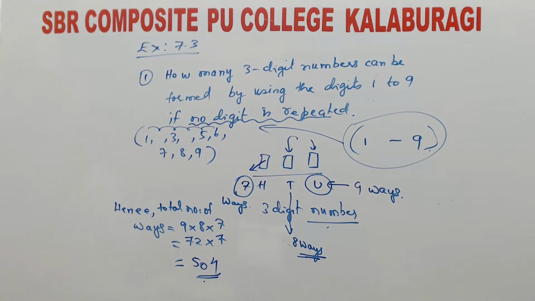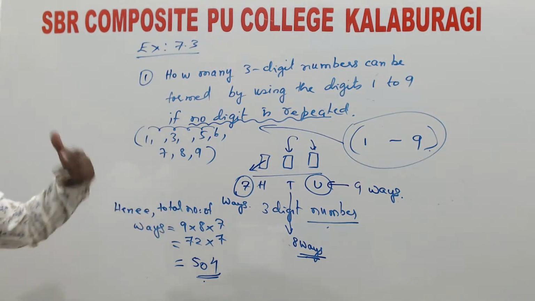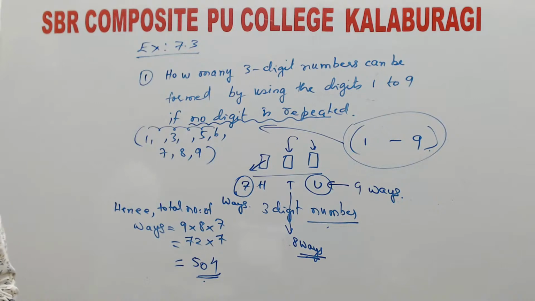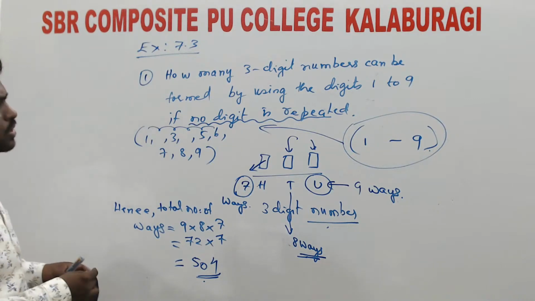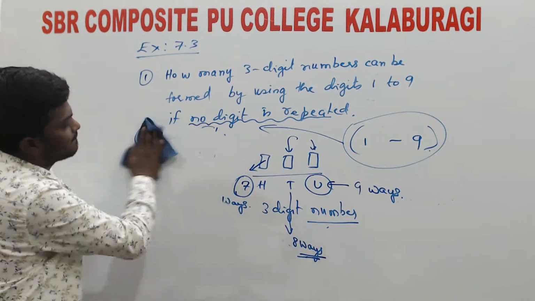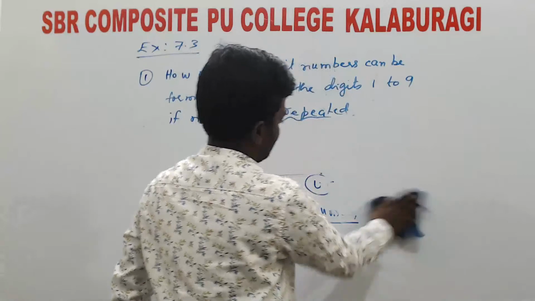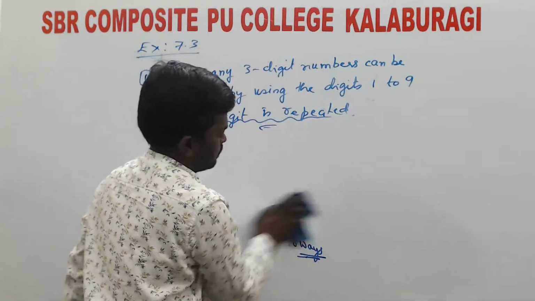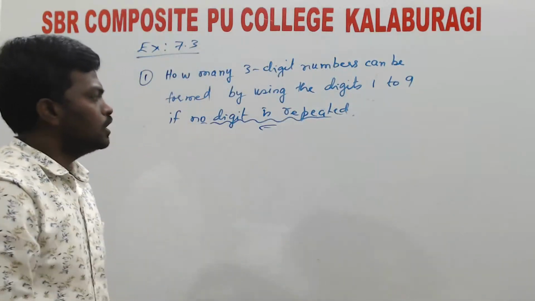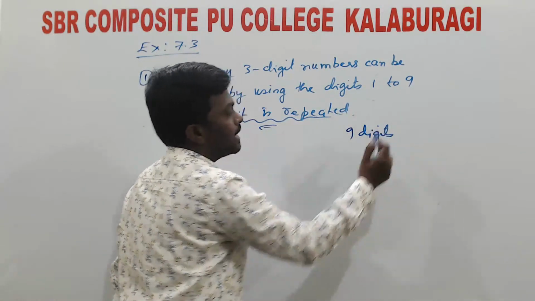Okay, students. Now, if you want to solve using the formula also, you can solve it. Don't worry, it's also easier. How many digits are given? 9 digits, right?